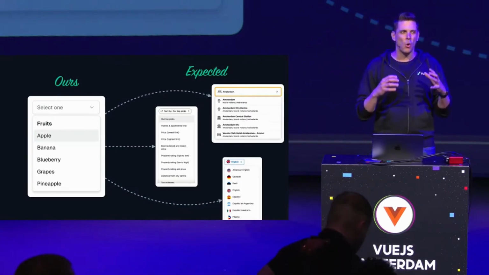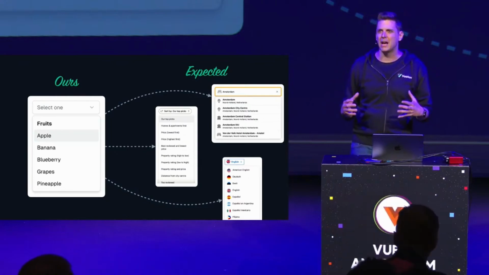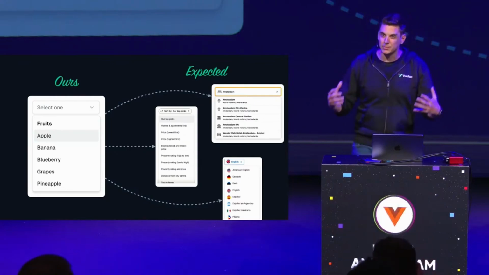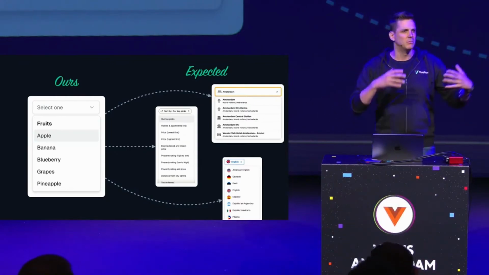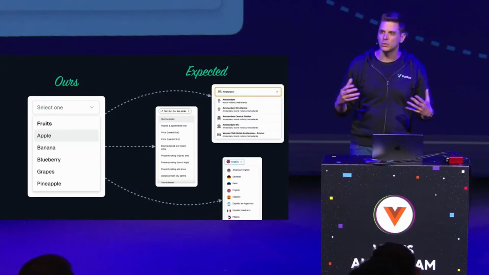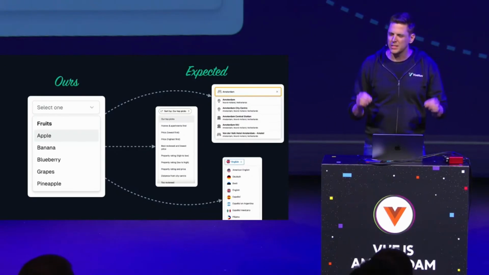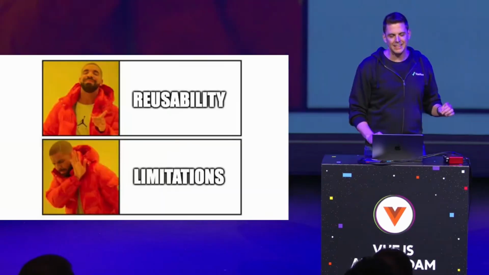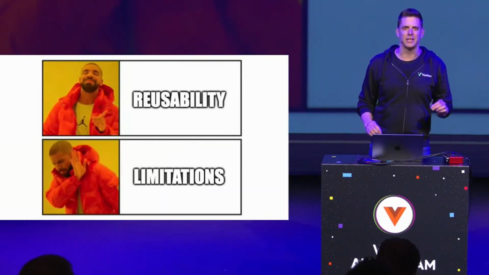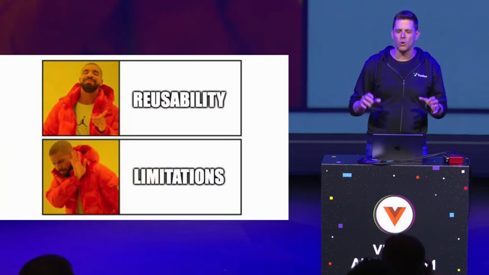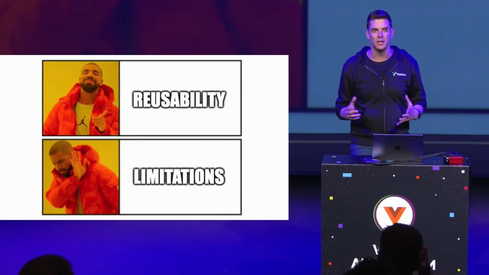In fact, they are always experimenting with new ways how they can give you the most freedom in customization while keeping their components reasonably reusable. Because as developers, we argue about a lot of things, but there's one thing we all agree on, and that is that we want reusability without any kind of limitation or difficulty in shaping things in our way.